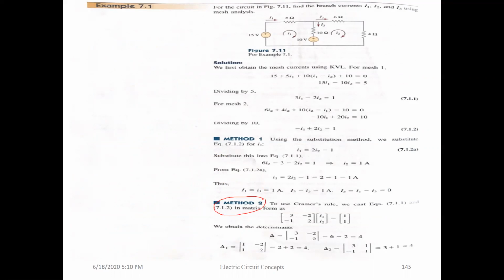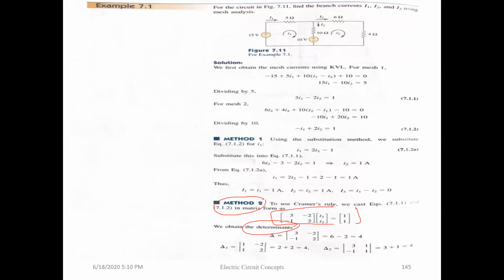So this method depends on a matrix, okay? So we need to explain a little bit more how to find the determinant of a matrix, which is delta. So to have this format, first we need to convert the two equations into matrix format.